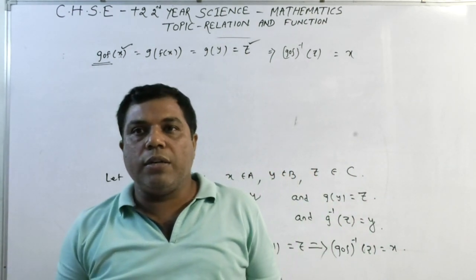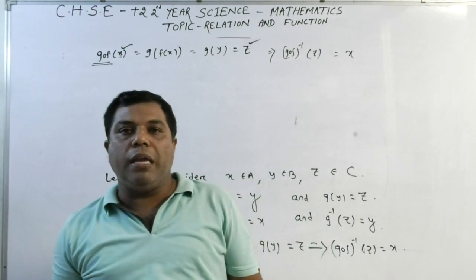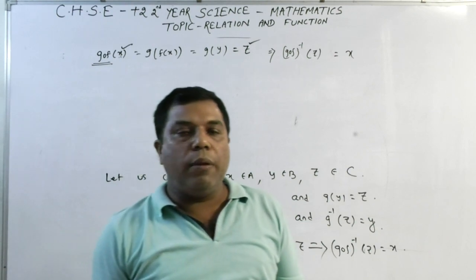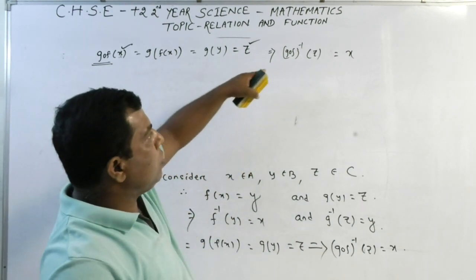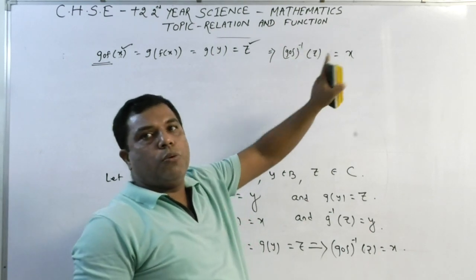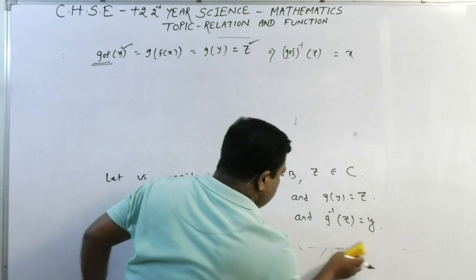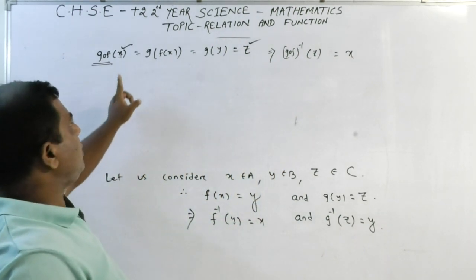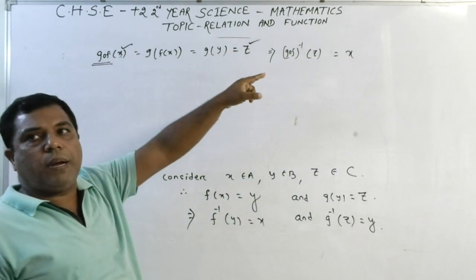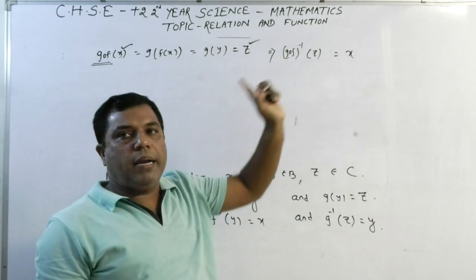It converts the image elements to their pre-image values, to their original values. So here the inverse of the composition converts the image value to its original pre-image value. Clear? So you see g∘f function is now defined, what is its image and how it is defined.